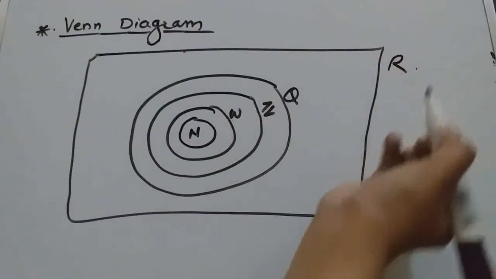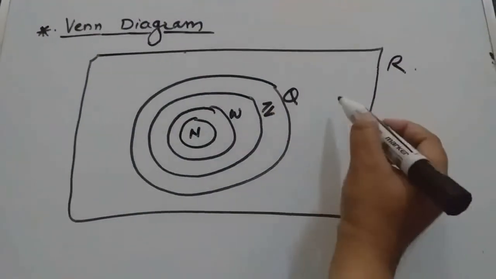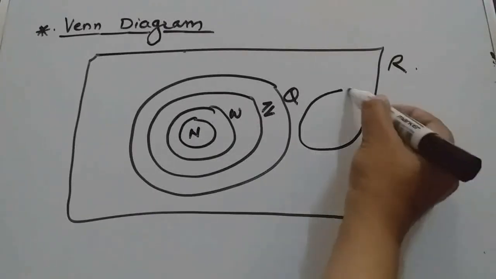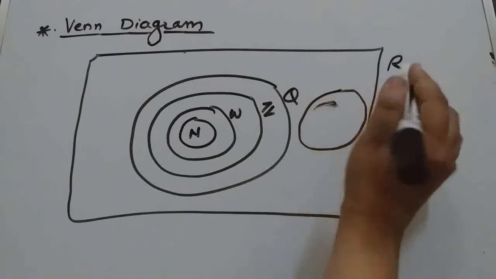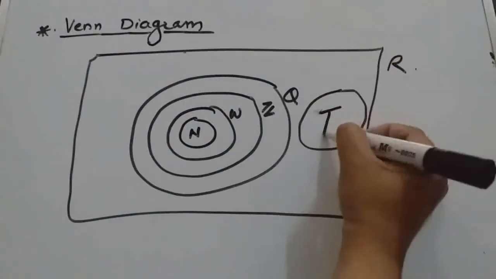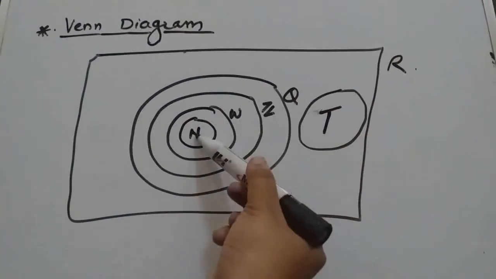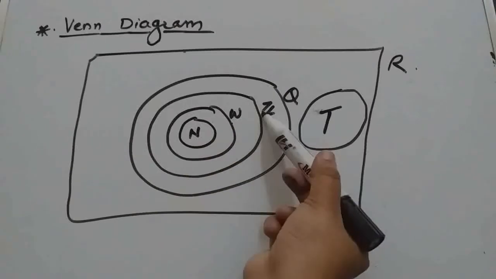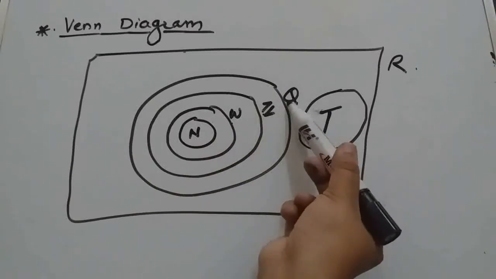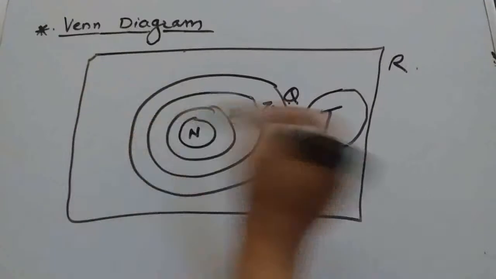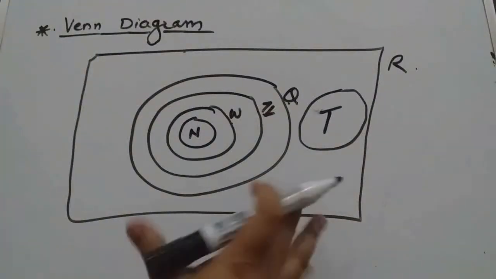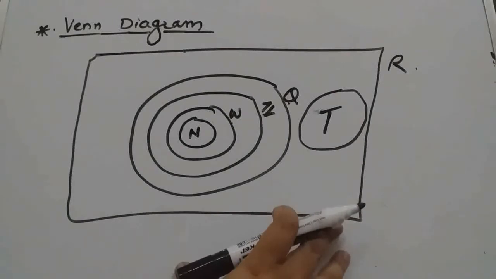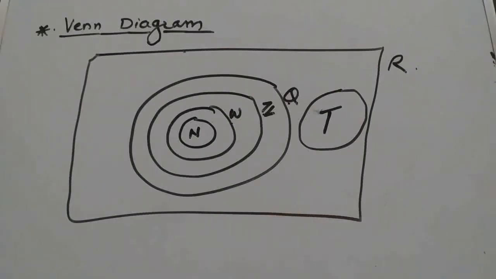So we can treat the real numbers as the universal set, and somewhere the irrational numbers will be there, which are denoted by T. So natural numbers, whole numbers, integers, then rationals, and R is taken as the universal set. So this is the Venn diagram, a representation of sets using diagrams.